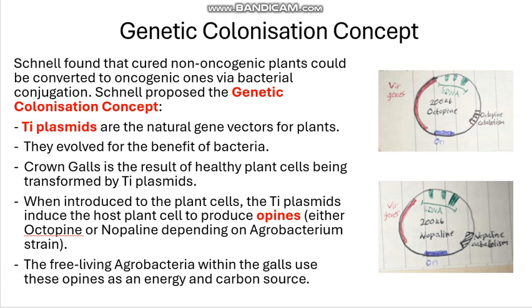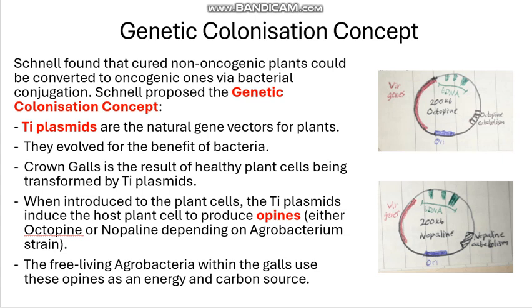The opines we talked about earlier, octopine or nopaline, depending on what strain of agrobacterium we're talking about. And then the free-living agrobacterium within the galls are going to use these opines as an energy and carbon source to live and proliferate and then continue the cycle.